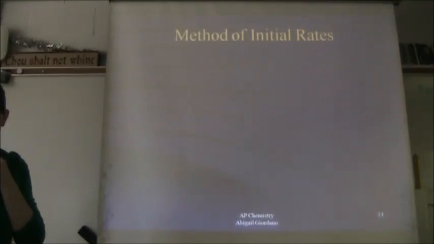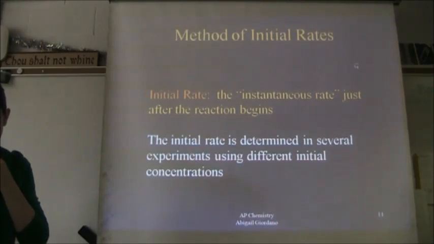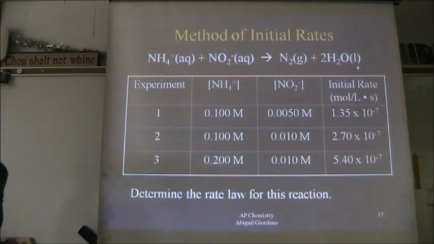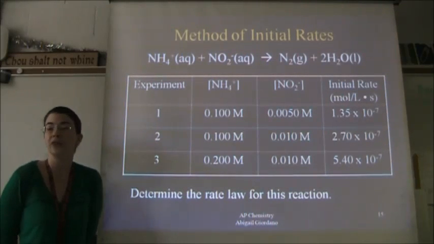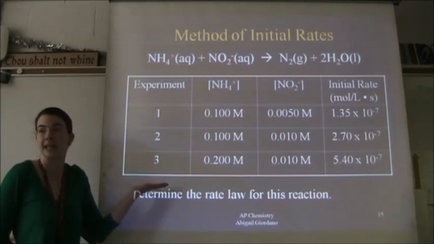And this is what the problems look like. Here's what a problem would look like. All right, we've got a balanced equation. And as I said, we need experimental data in order to come up with those exponents. And here is what that data looks like.